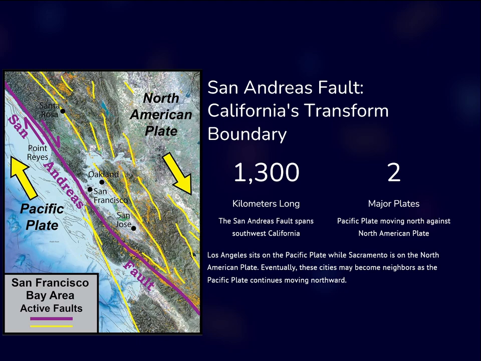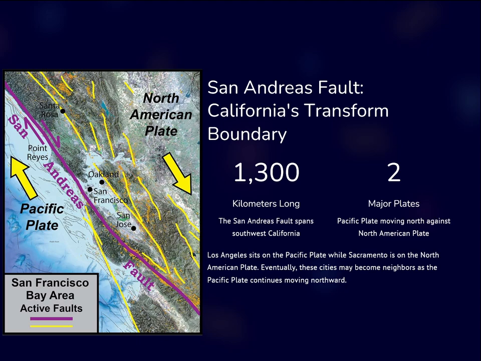One of the most famous transform boundaries is the San Andreas Fault here in California. It is about 1,300 kilometers long. On one side is the Pacific Plate, carrying Los Angeles northward. On the other side is the North American Plate, carrying Sacramento. Over millions of years, these cities may one day sit side by side.